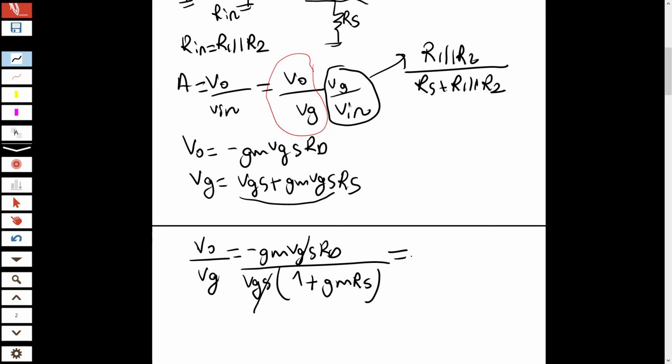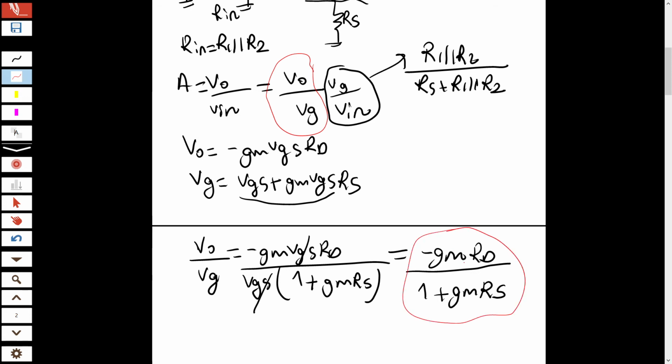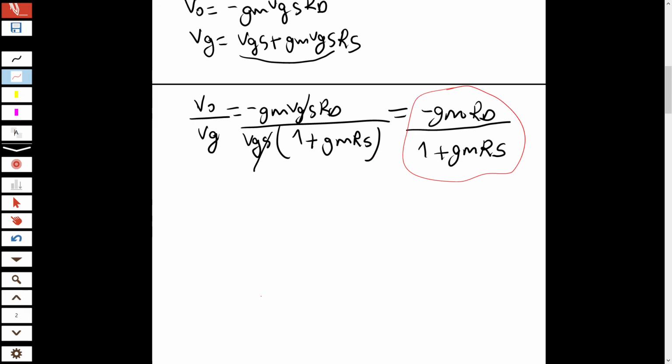V output over V gate becomes minus gm RD over 1 plus gm RS. Remember, without the source resistance, V output over V gate was minus gm RD. So my gain is reduced by a factor of 1 over 1 plus gm RS. My gain reduced.